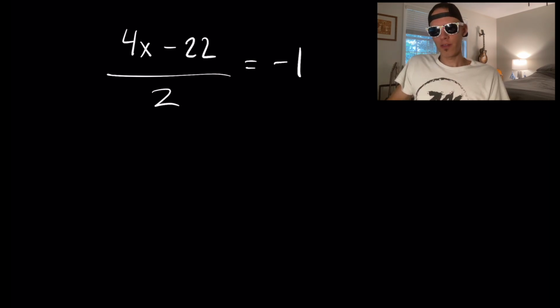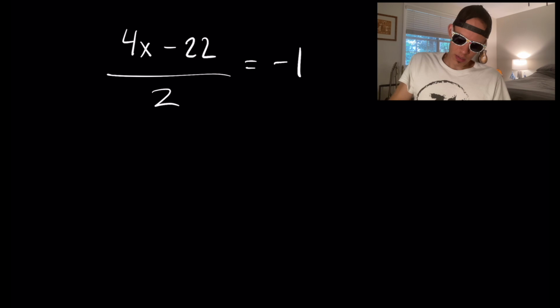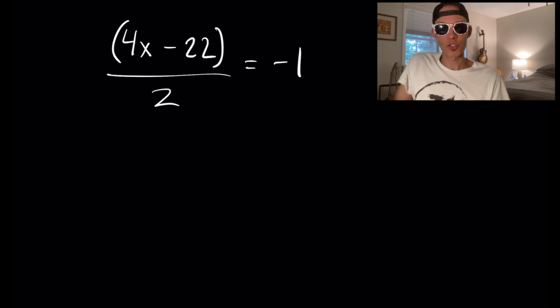All right, 4x minus 22, all of that over 2 equals negative 1. So I mentioned in a previous video that whenever you see an expression in the numerator or denominator of a fraction, like we have up here, go ahead and just instantly throw that into some parentheses. We want to treat that as one term. So now what's happening to the x outside of the parentheses? Well, I'm dividing by 2.